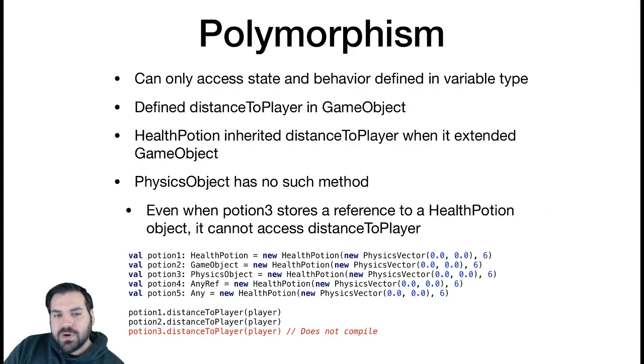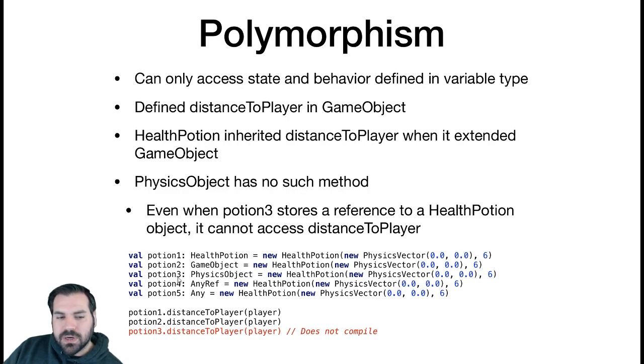First, we actually have a pretty big restriction with polymorphism. So before I motivate this, I'm going to demotivate it. You can only access the state and behavior of an object depending on the variable that it's stored in. So you can only access the state and the behavior of the type of the variable that you're working with.